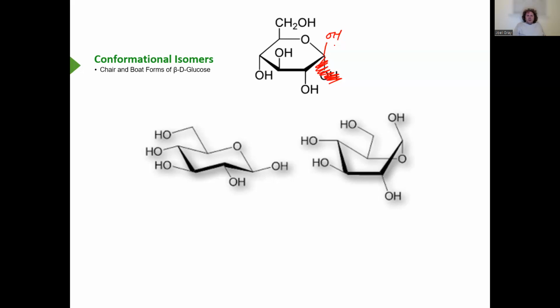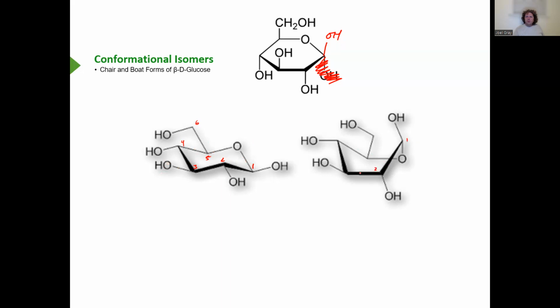On the left-hand side, you have your chair, and on the right-hand side, you have your boat configuration of beta-D glucose. So it's always worthwhile to think, okay, this is 1, 2, 3, 4, 5, and 6.